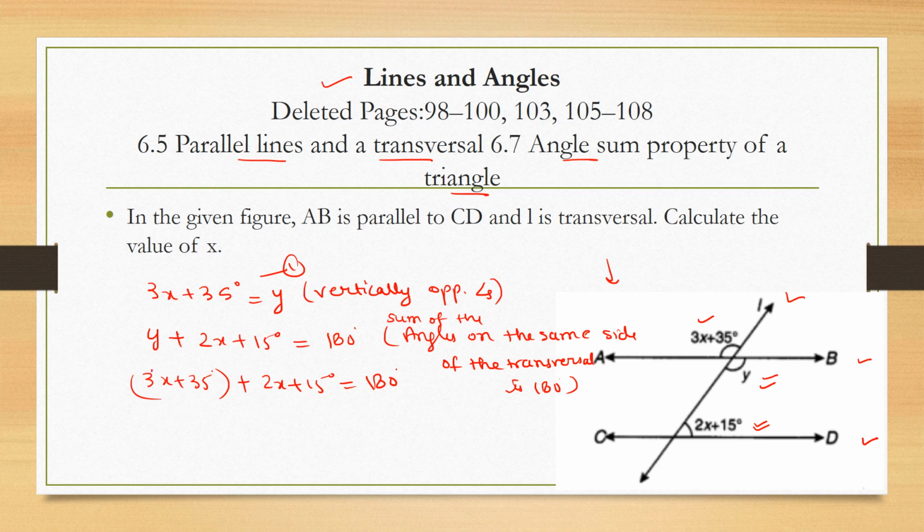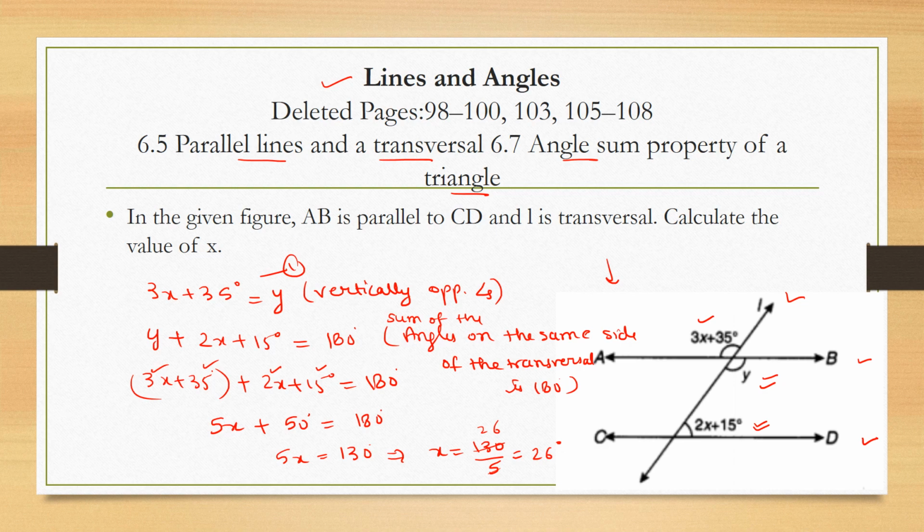Okay. So 3x and 2x is 5x, like terms together. 35 and 15, 50 degrees, equals 180 degrees. So 5x is 180 minus 50, that is 130. So x is 130 by 5, that is 26. 5 2s are 10, 5 6s are 30. Correct?